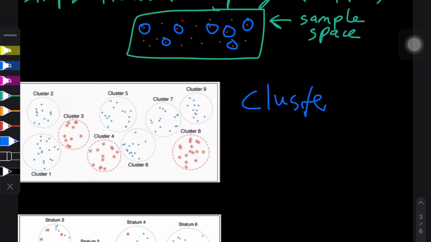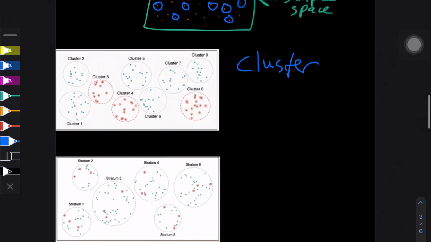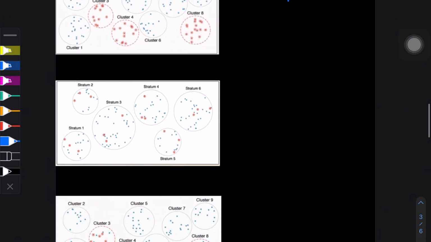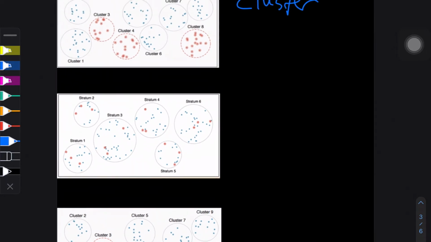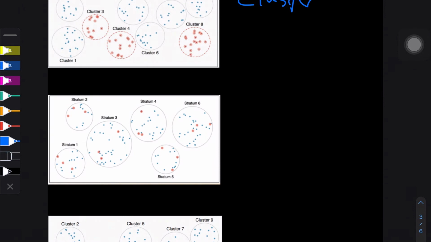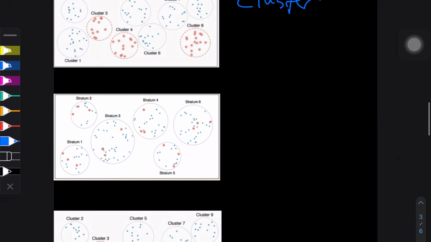And this next one is called stratified sampling. It's where we take our strata and they're usually grouped in a certain way that makes all of the people in the strata similar. So this is stratified.